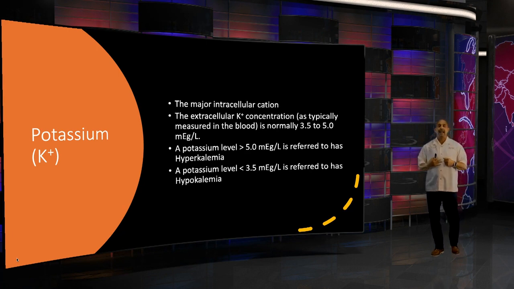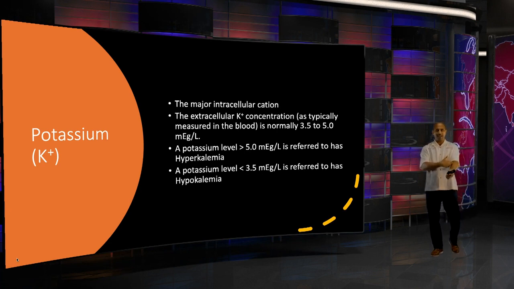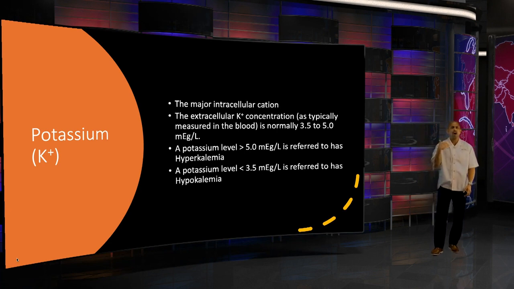So with that said, as I mentioned, I kind of want to recap, and I really apologize on this podcast if I'm being redundant. But we said potassium is the intracellular ion. So it should be high if I ever drew values inside the cell, but we don't. We draw values from blood, and that's outside the cell. So I always expect potassium to be a low number when it comes to its value, and it is.